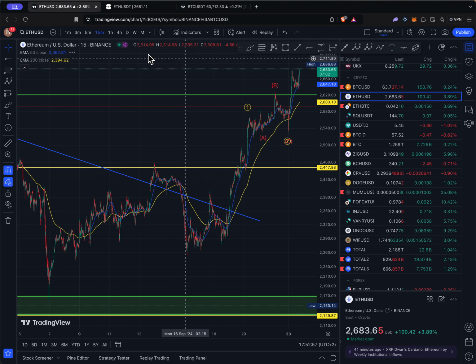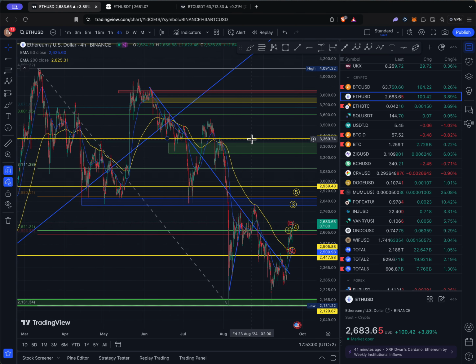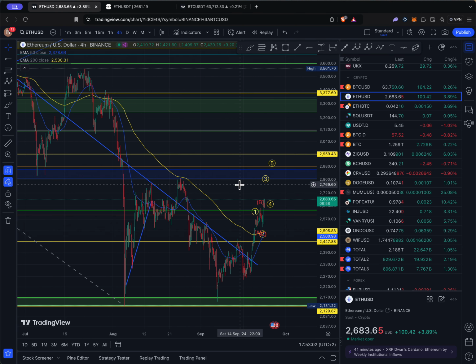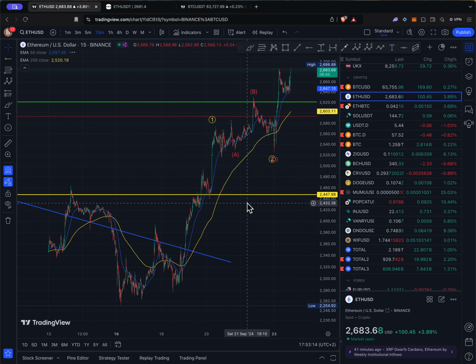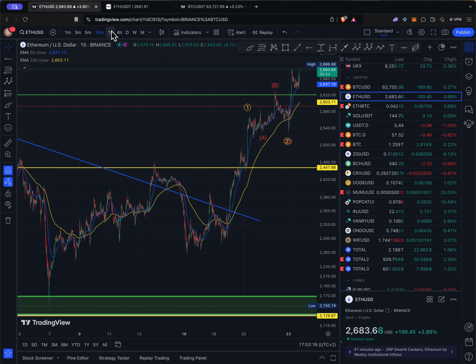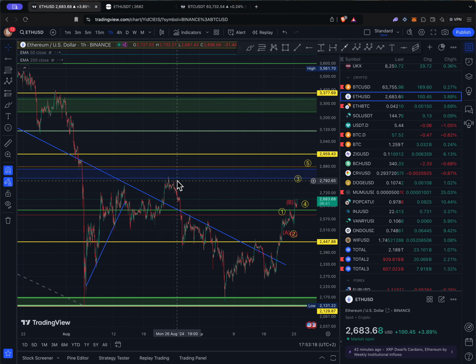Here it found a quite important order block that is not easy to break over, but it's little by little trying to go over this order block, which is on a lower time frame. It's clearer on the 1 hour.